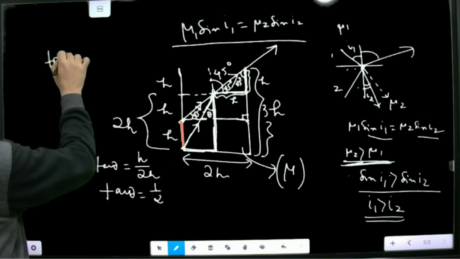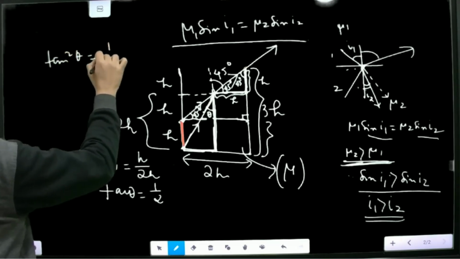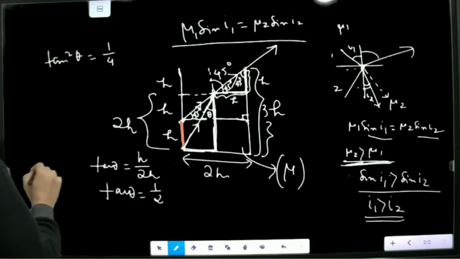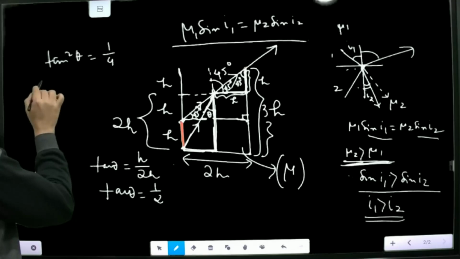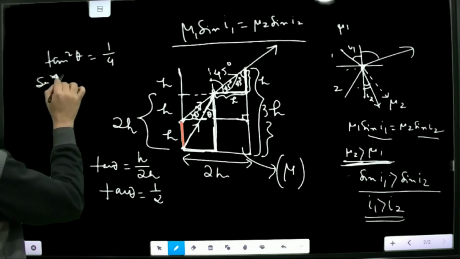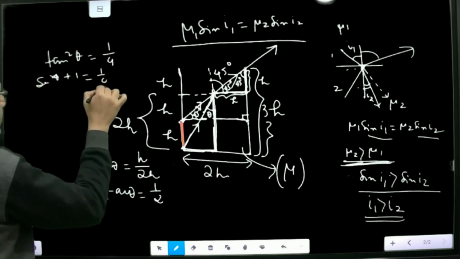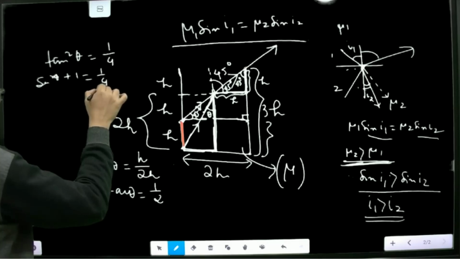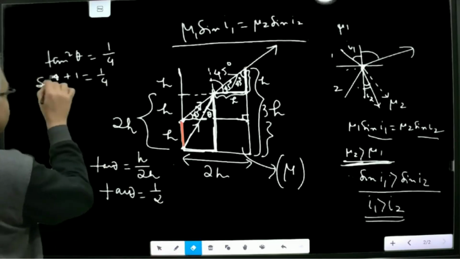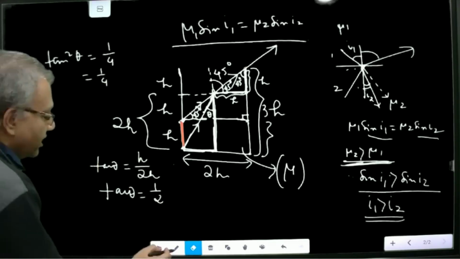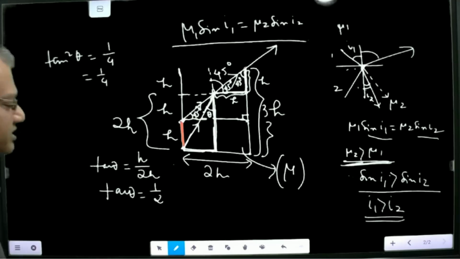Therefore, tan square theta is 1 by 4. Sorry, sec square theta minus 1, because tan square theta is equal to sec square theta minus 1.